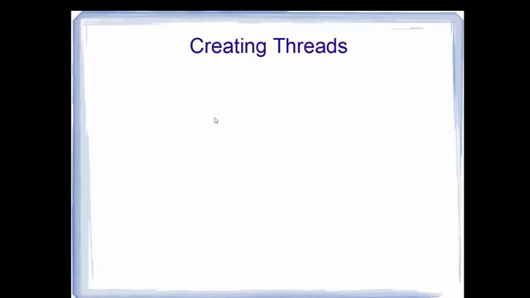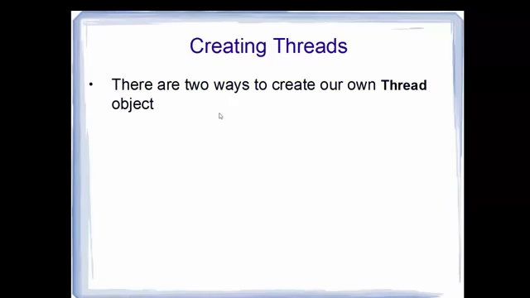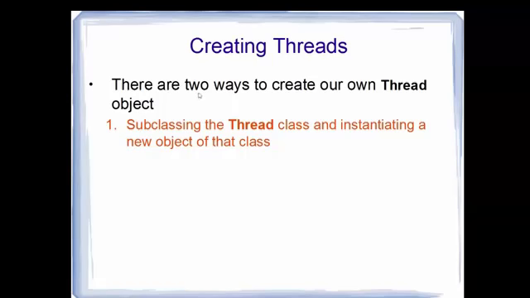Now, how can we create threads in Java? This we will see in the next video, programmatically, how we can create Java threads by writing some programs, right? But basically there are two ways to create our own thread object.